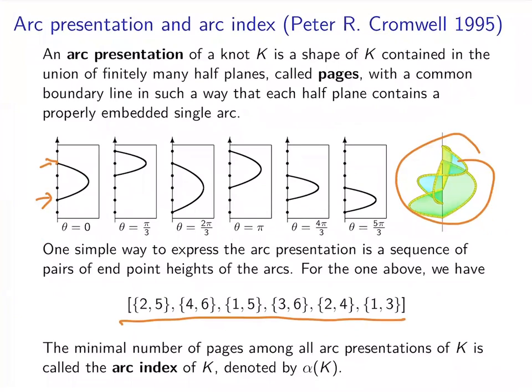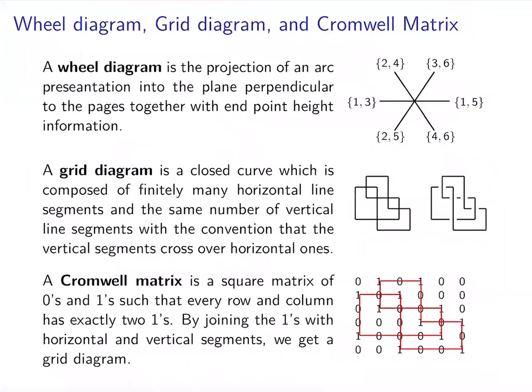So, and then the minimal number of pages among all arc presentations of the knot K is called the arc index of K, denoted by alpha of K. There are several different methods to describe the arc presentation.